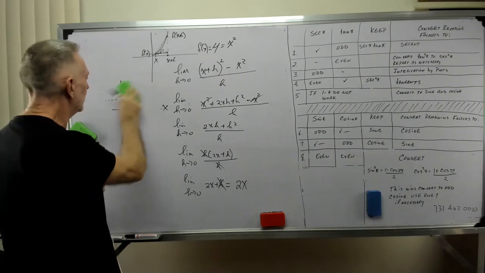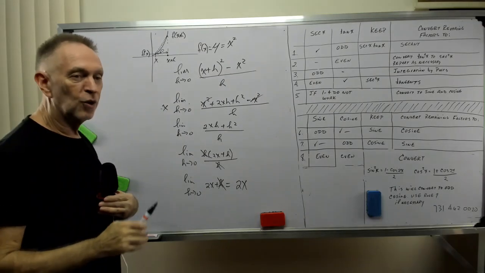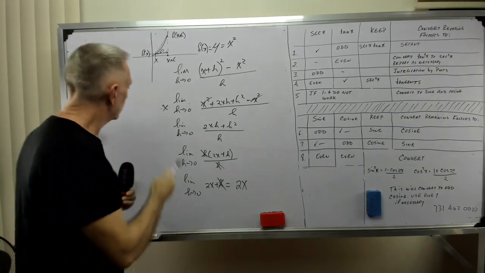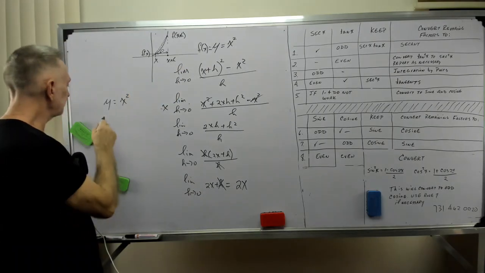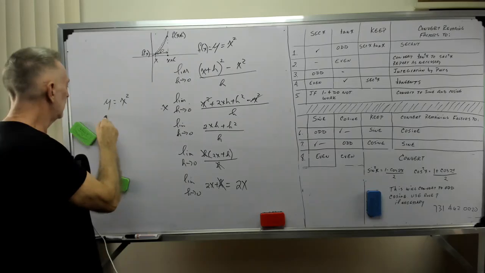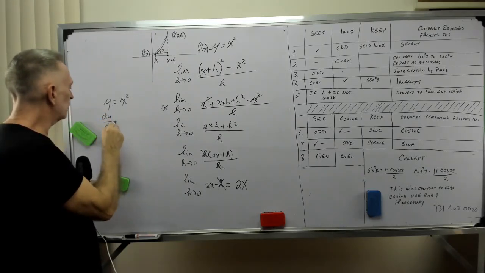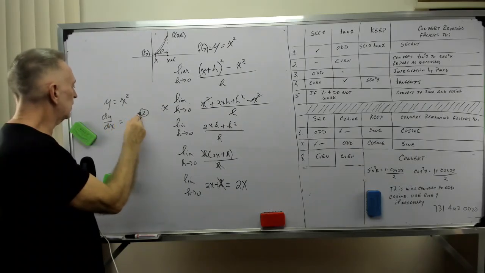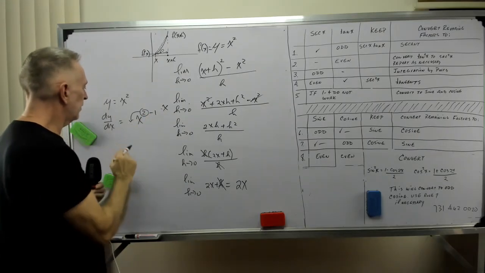Now then, let me show you another rule that's called the general power rule. Let's say y equals x squared, same as before. The general power rule says dy dx, the derivative of y with respect to x, is: I have this x squared, I'm going to take that 2, bring it down here, and then subtract 1 from the exponent.